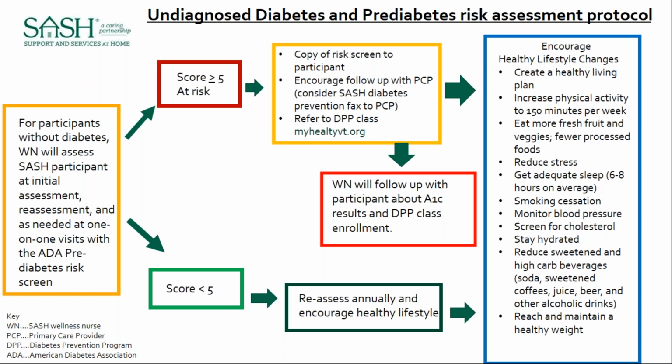So if they're over 60 and overweight, then they might have a score of 6, and then yes, you would refer them. If they're over 60 but healthy and active and not overweight and don't have a family history, then they are not at risk and you would not refer. So go through the screen, and only folks over 5 would need to be referred to the doctor. Next screen.